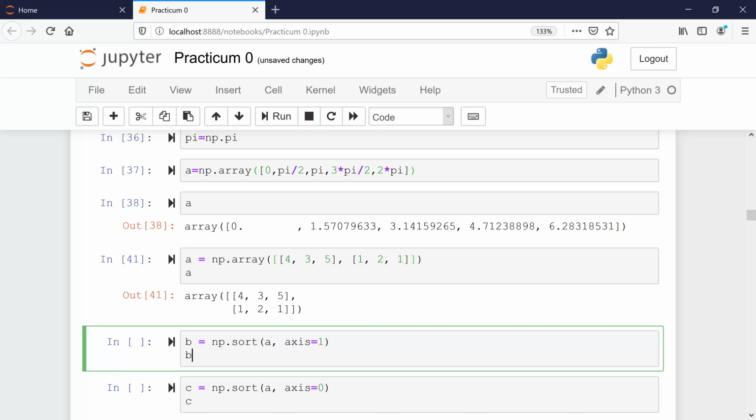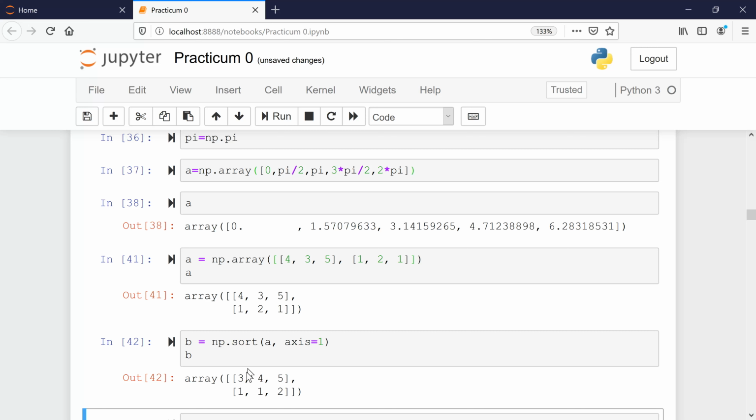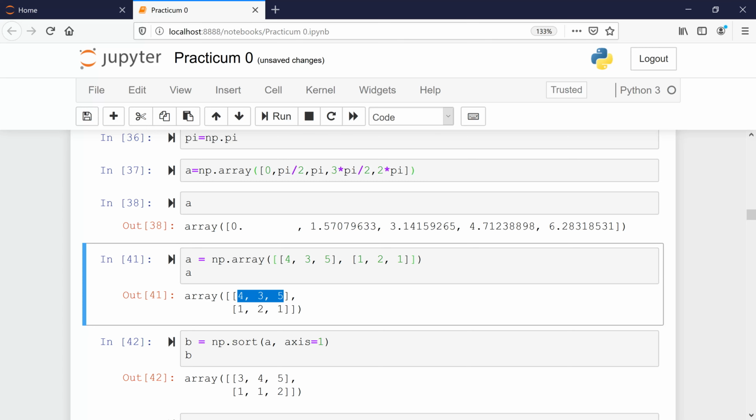Okay, if I want to order this matrix along the columns, if you like, we can use numpy.sort. Okay, let's see what happens. So we get 3, 4, 5, 1, 1, 2. So what is it doing actually? It's arranging line by line. So it arranged first the first line and then the second line.